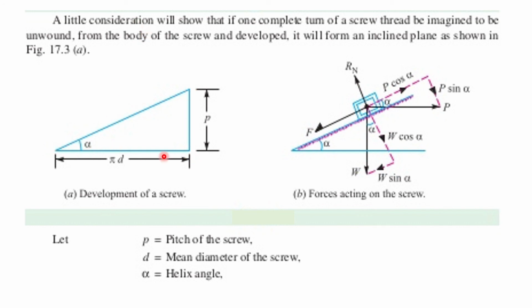As I told, if we try to enlarge the triangular portion of the screw, we get the complete turn of the screw thread, and that is imagined to be unwound. Like this shape we get from the body of the screw, and as you must have studied in engineering drawing how a part is developed, it will form an inclined plane as shown in the figure.